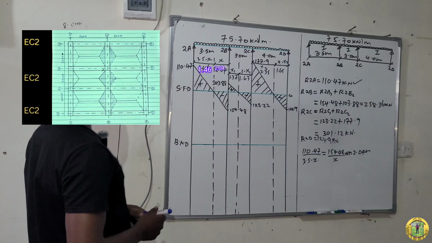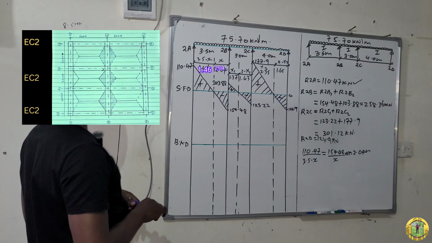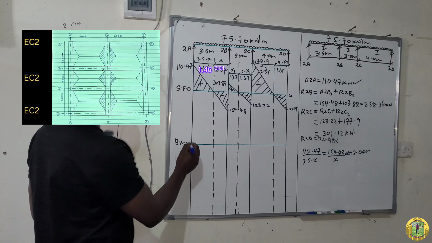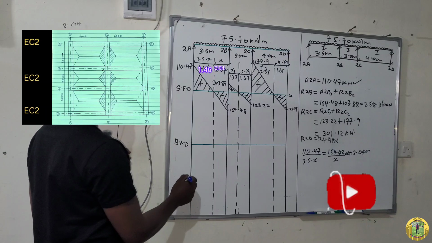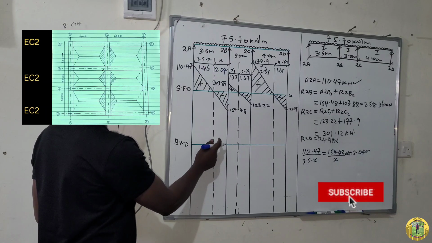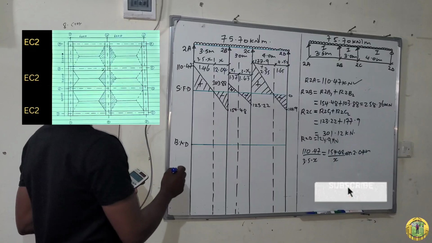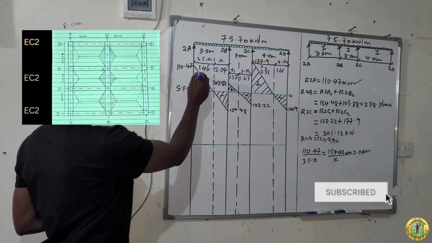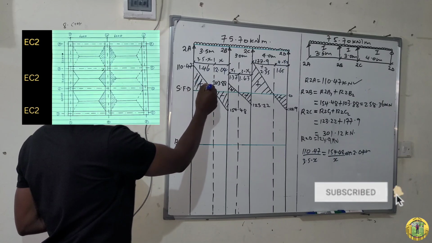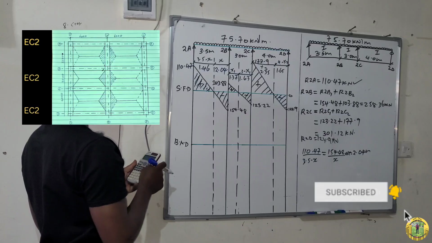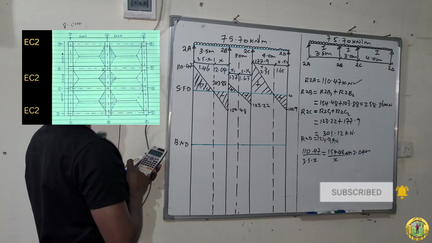We can now calculate the bending moment values. So for this point it is 0, and then we'll come to this line. At this line, the bending moment will be the area of this shaded part, which is a shape of half base times height.